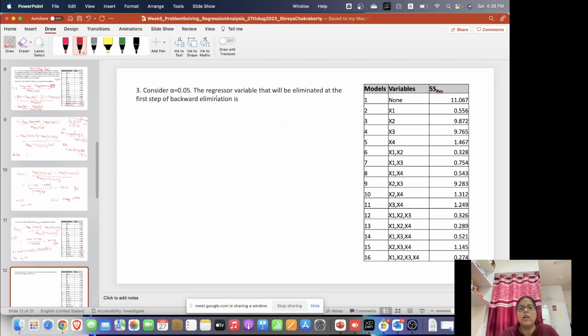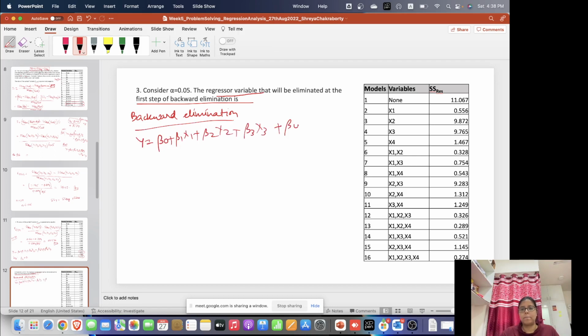Now here we have been asked to find the regressor variable that will be eliminated at the first step of backward elimination. So what happens during backward elimination? First, we fit the entire model. So in step 1, what do we do? We check for significance of each regressor.